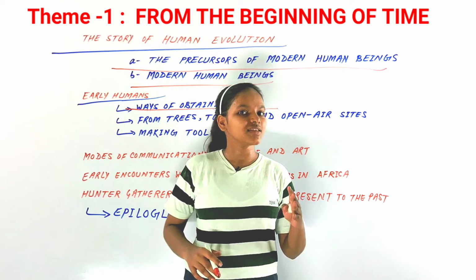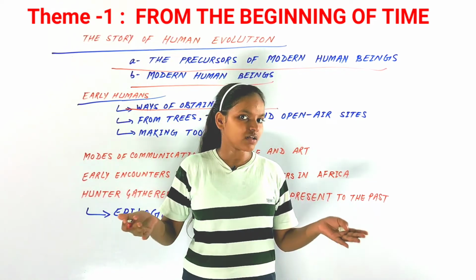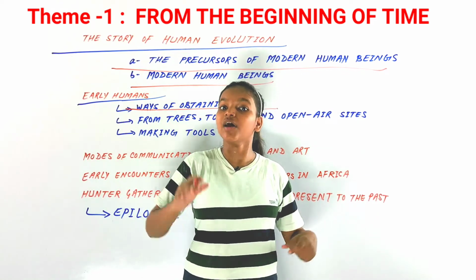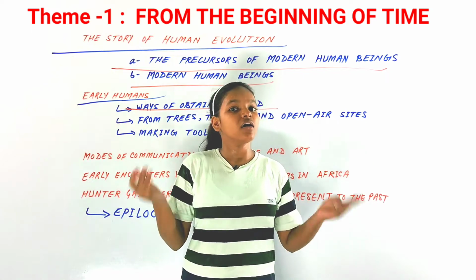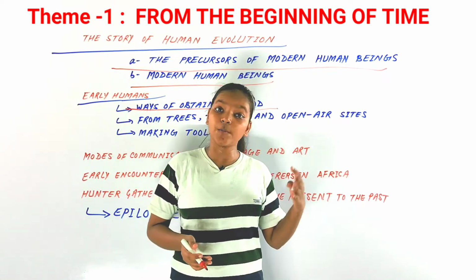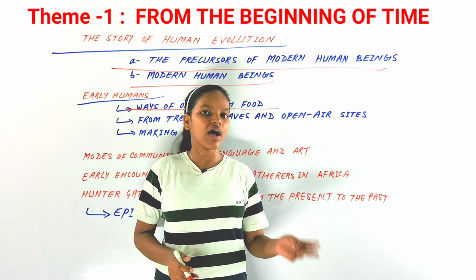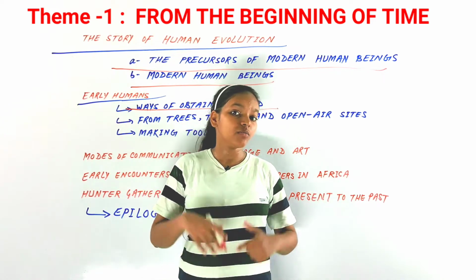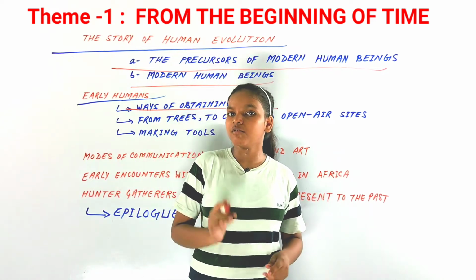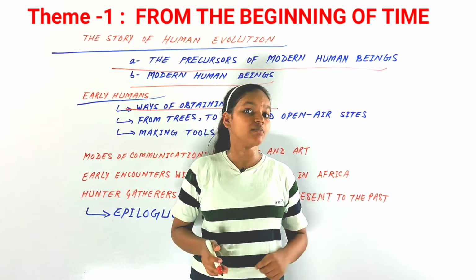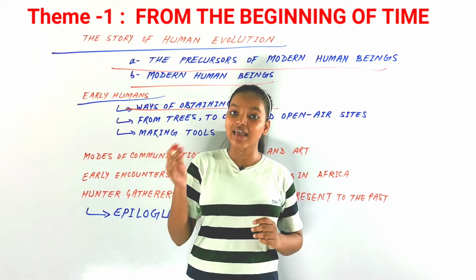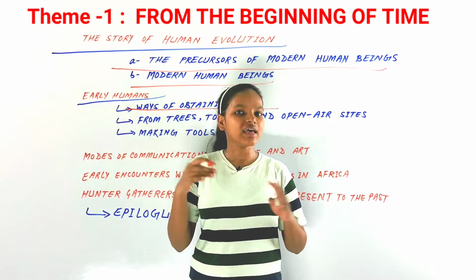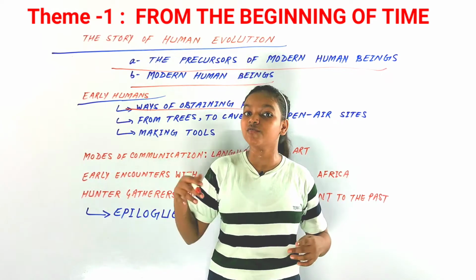But now let's talk about how they survived: what were the ways by which they obtained their food? How did they survive with food? There could be different ways of obtaining food, maybe hunting, gathering, scavenging, foraging, collecting, and fishing as well.